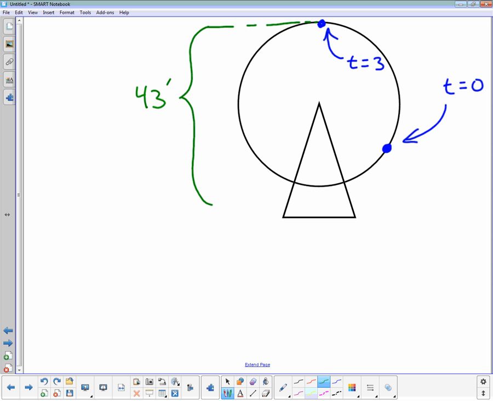And the wheel makes a revolution once every 8 seconds. The diameter of the wheel is 40 feet.